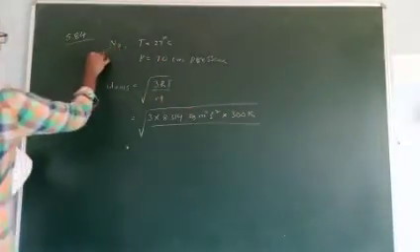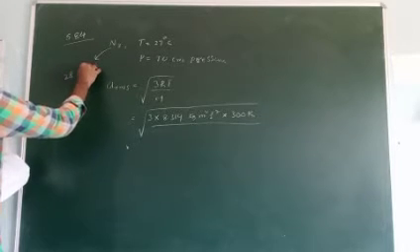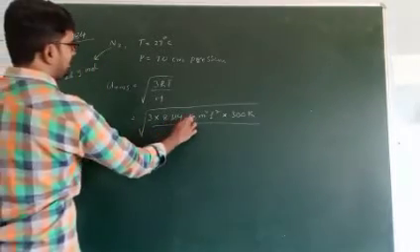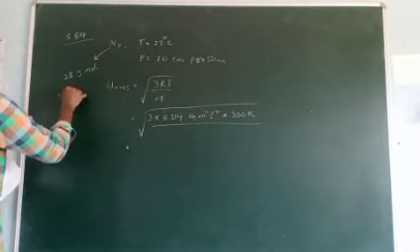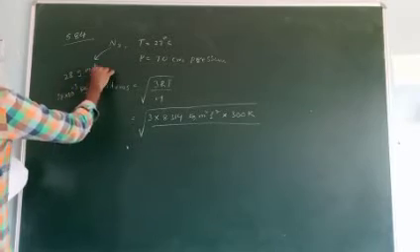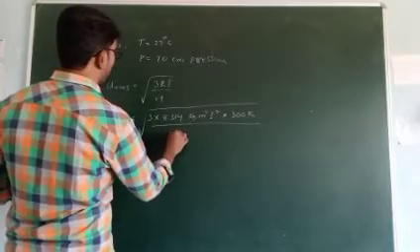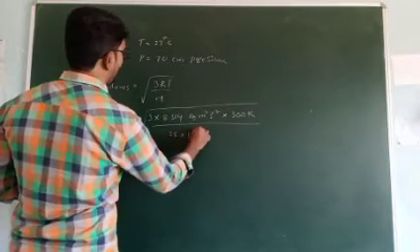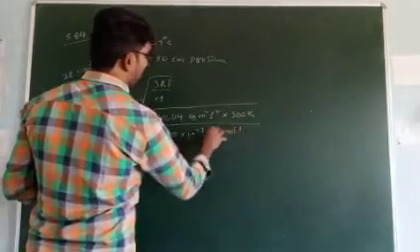Nitrogen molecular weight is actually 28 gram per mole. But here kg is present, that's why you convert this into 28 into 10 to the power of minus 3 kg per mole. Substitute this value here.